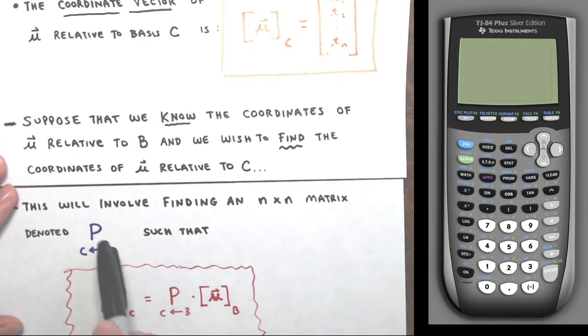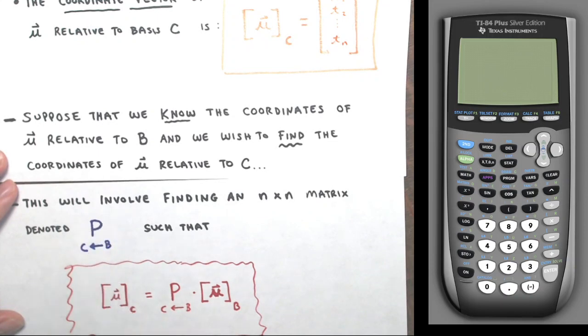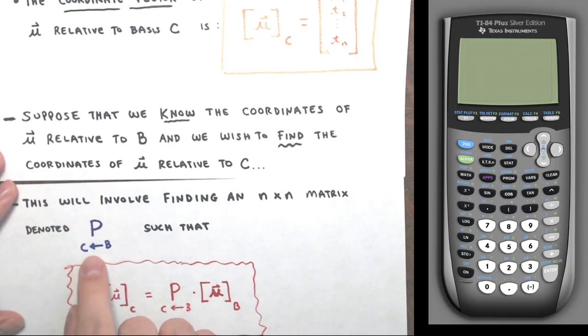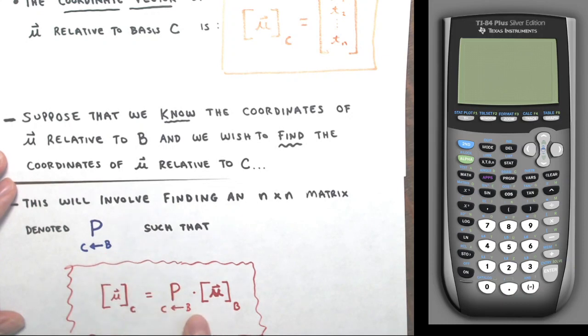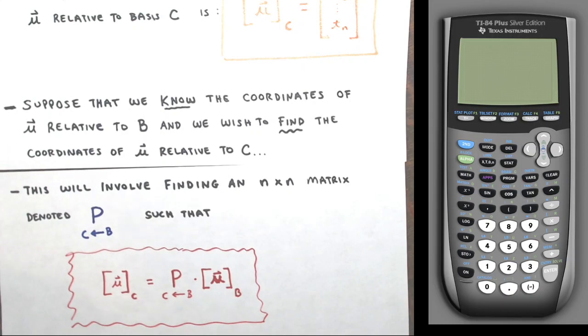But this will involve finding an n by n matrix, denoted by P, where I'm transitioning from coordinates in basis B to coordinates in basis C. Now again, if you decided to flip this, then I would prefer probably having basis B, arrow C, just so long as the arrow is pointing in the right transition, right? I'm transitioning from coordinates in basis B to the coordinates in basis C.